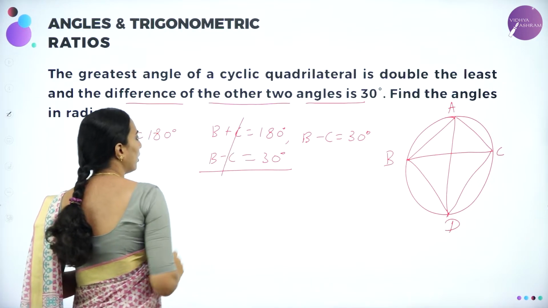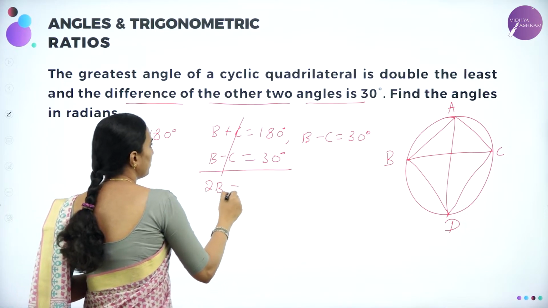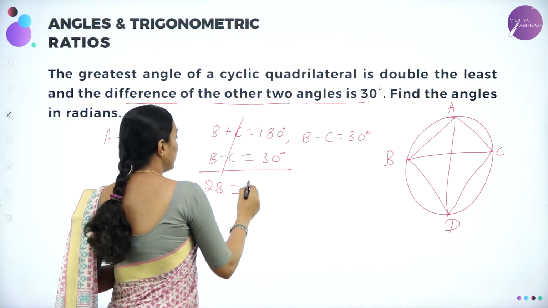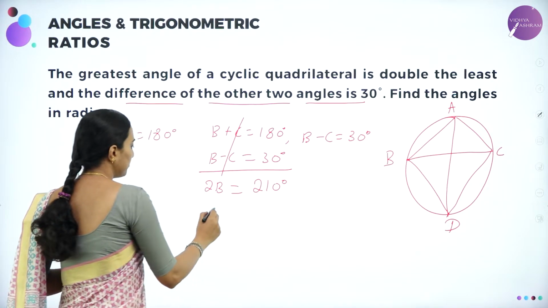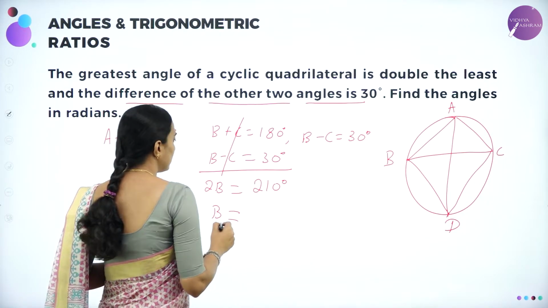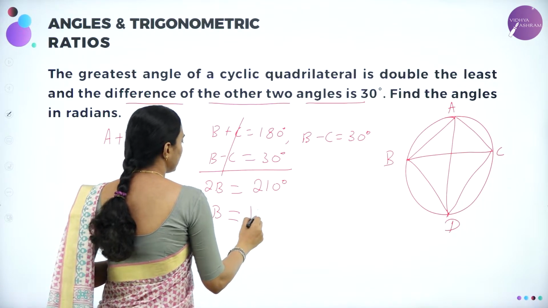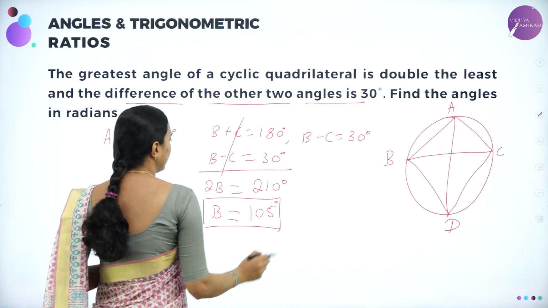If you add these, C cancels and 2B will be equal to 180 plus 30, which is 210 degree, right? So B will be equal to, 2 ones are 2, 2 fives are 10, so B will be equal to 105 degree, right?